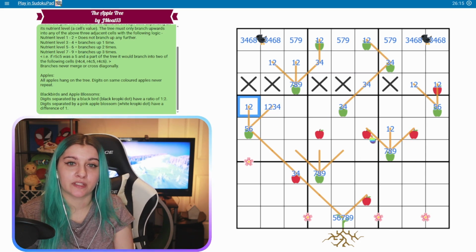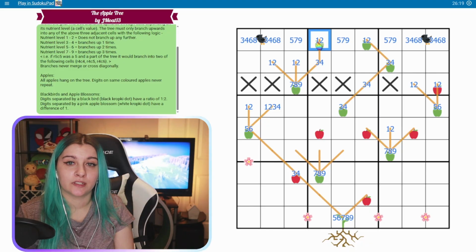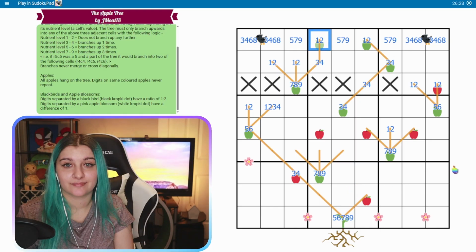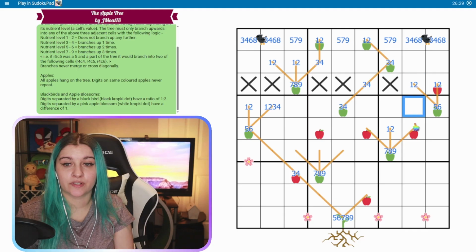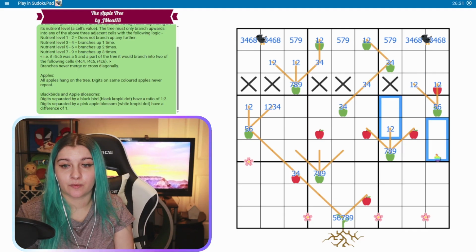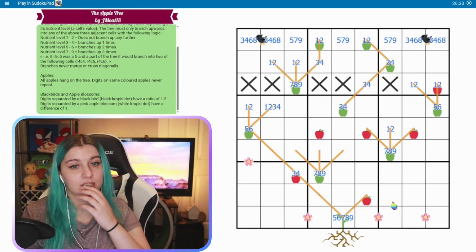The 1, 2s don't really see each other. This 1, 2 is the same as... Yeah, I don't know. I'm in rows up here. This 1, 2 can't go here. So it's gonna be one of these, but darn.